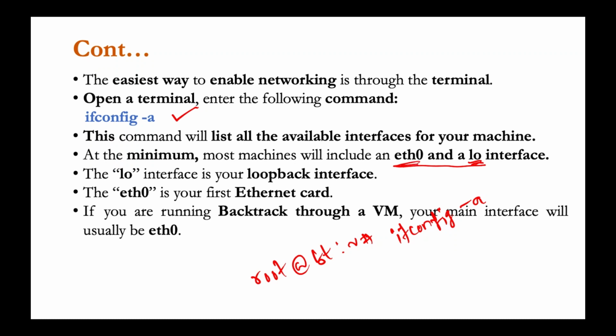The lo interface is your loopback interface, and eth0 is your first ethernet card. Depending on your hardware, you may have additional interfaces or different interface numbers listed. If you are running Backtrack through a virtual machine, your main interface will usually be eth0.